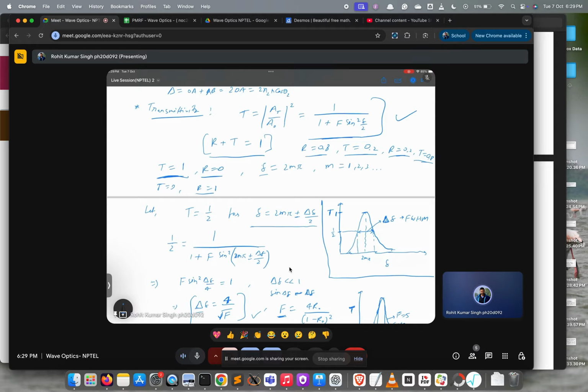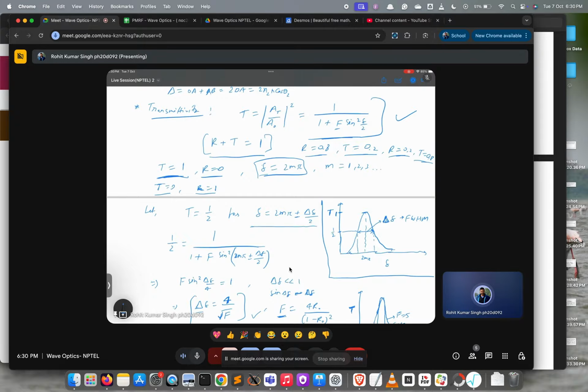That means all of the incident light is reflected, none of it got transmitted, and it all depends on the phase difference and this coefficient of finesse. Okay, sir. So this is the physical significance.